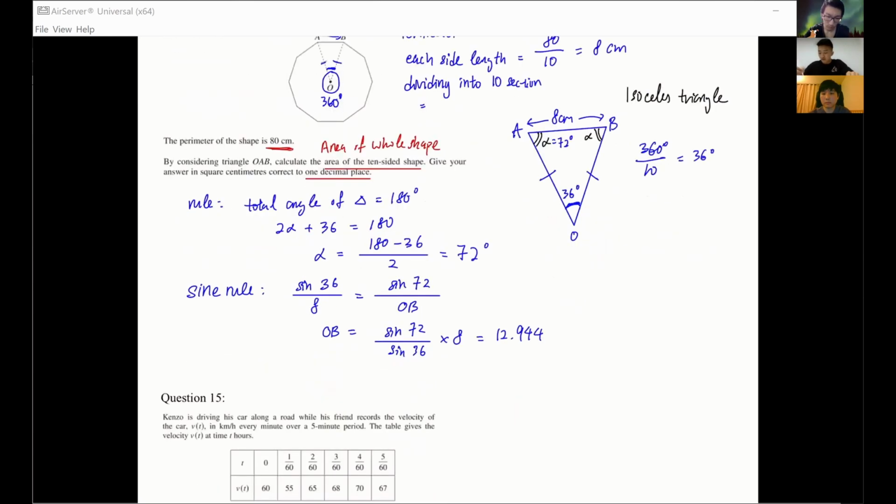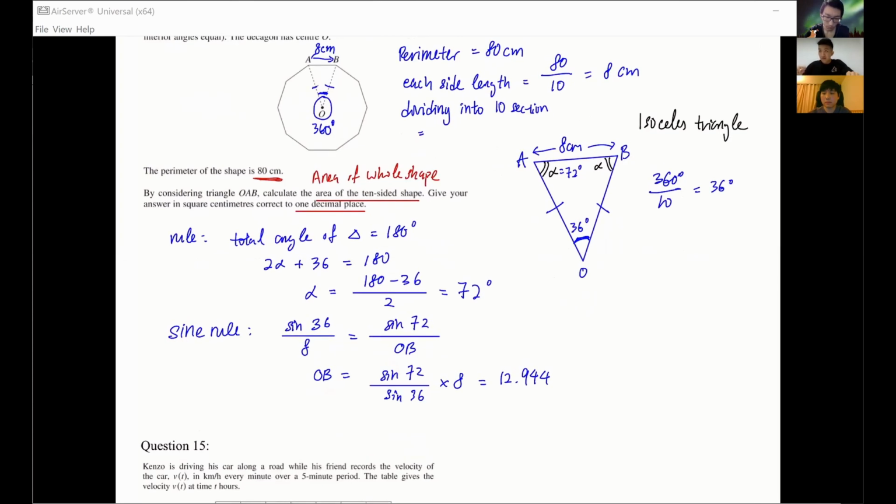So we know that this length is 12.944. Now remember that the area of a triangle is half ab sine C.